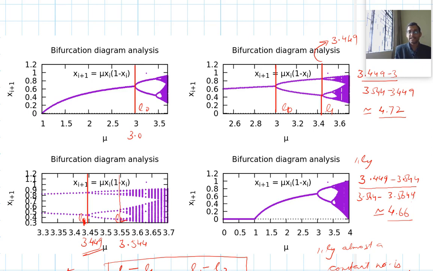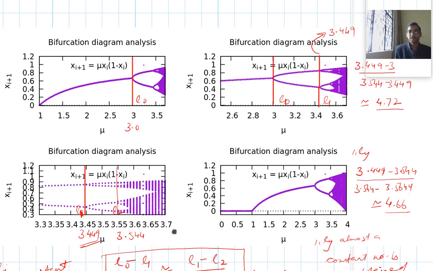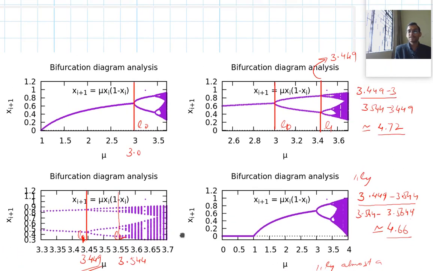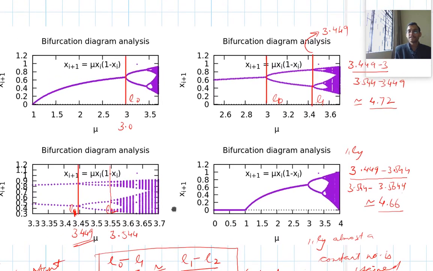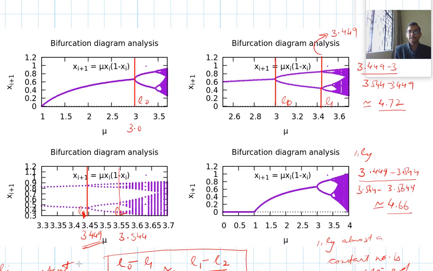Let us try to understand it now. This is the bifurcation diagram analysis. Let us call these points mu naught, mu 1, and mu 2.